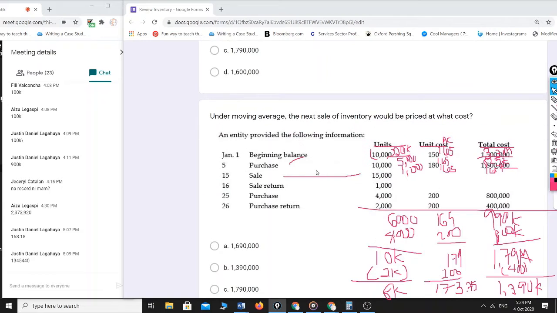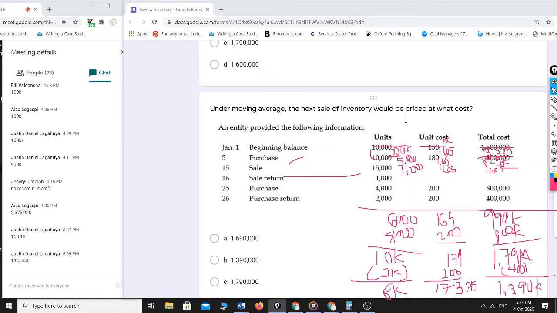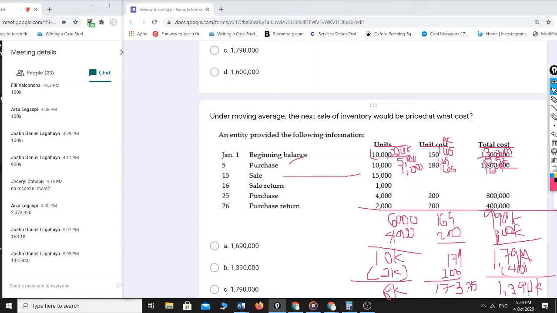The next question is, the next sale of inventory would be at what cost. That is our updated average cost, so the cost is 173.75.